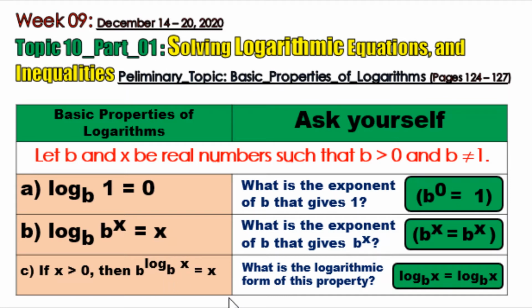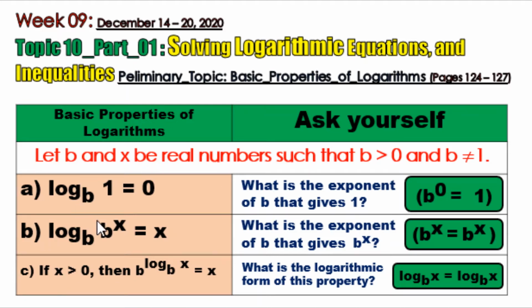So again, the logarithm of x to the base b is equal to the exponent of b. That is why they are equal. So we have these three properties. Let us have a common understanding of this.